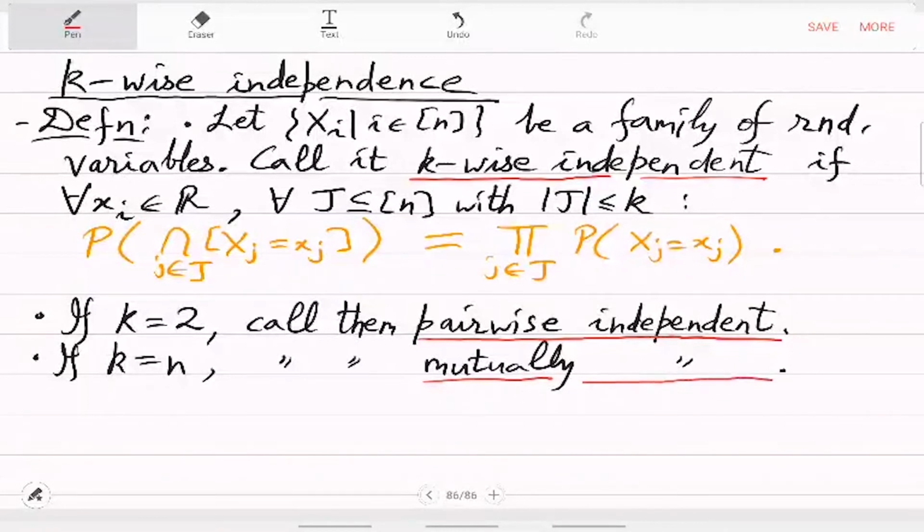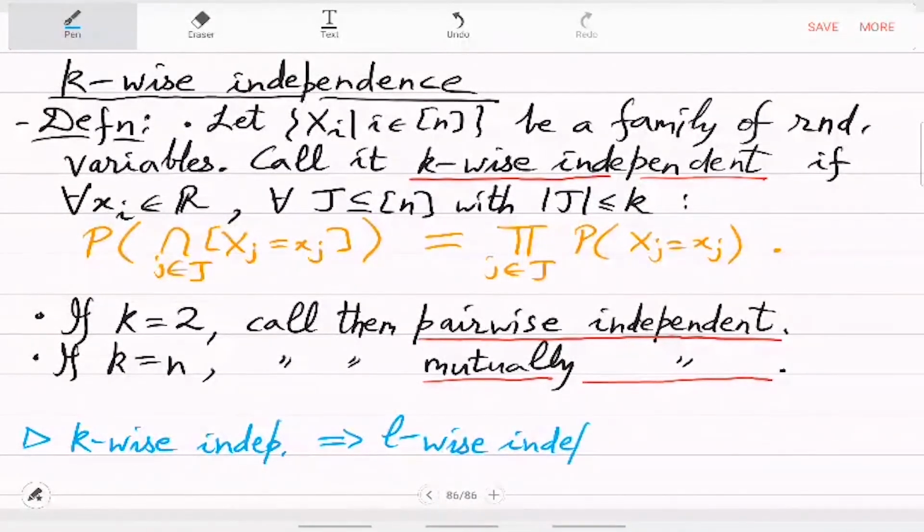That is the formal definition, and you can immediately see that k-wise independence implies L-wise independence for all L less than or equal to k. This is clear because of this product definition. So you can always go down, but can you go up?